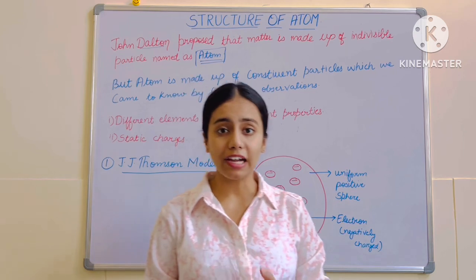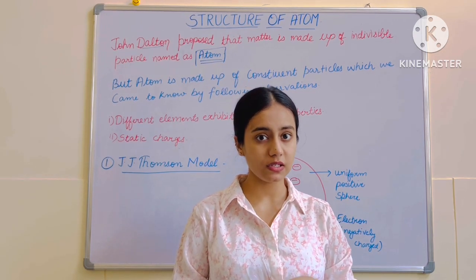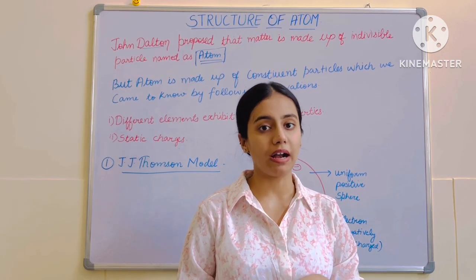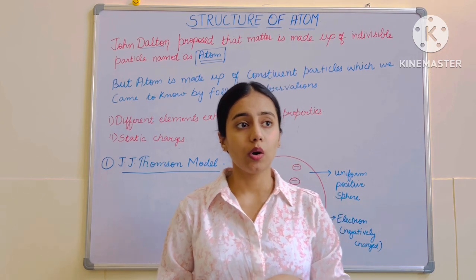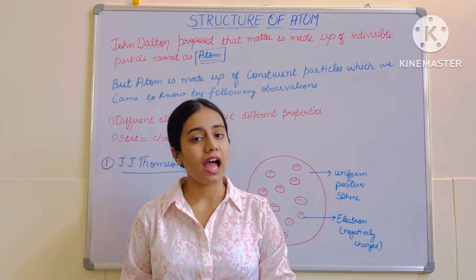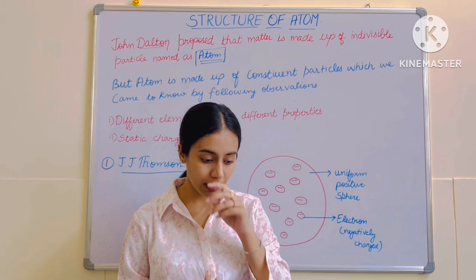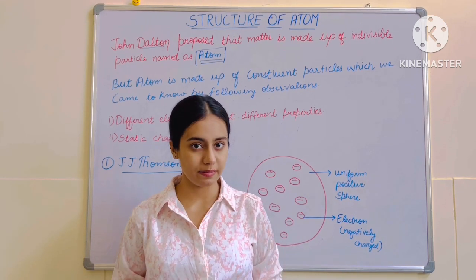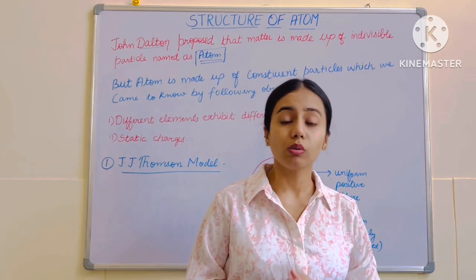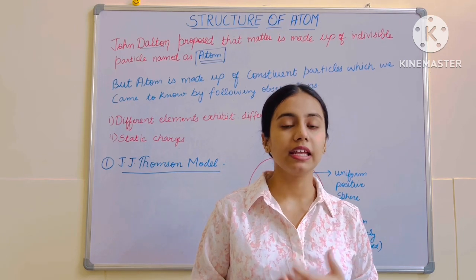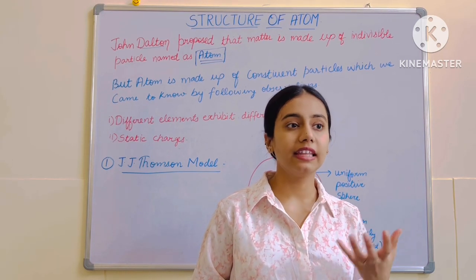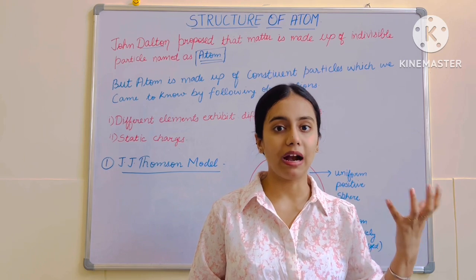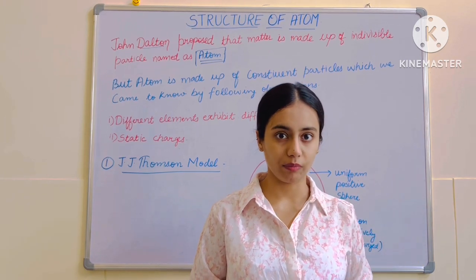Now the atom must consist of some constituent charged particles inside it, which J.J. Thomson proved experimentally by his gas discharge experiment. Through the gas discharge experiment, he came to know that there is a negatively charged particle, which is known as the electron.